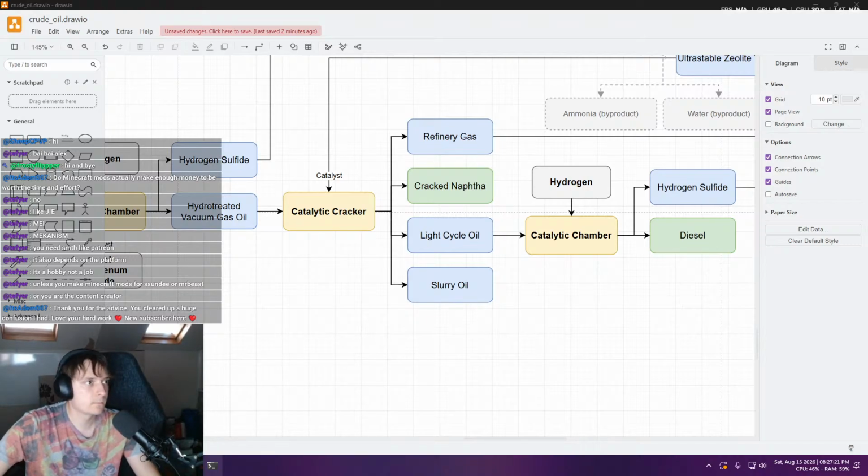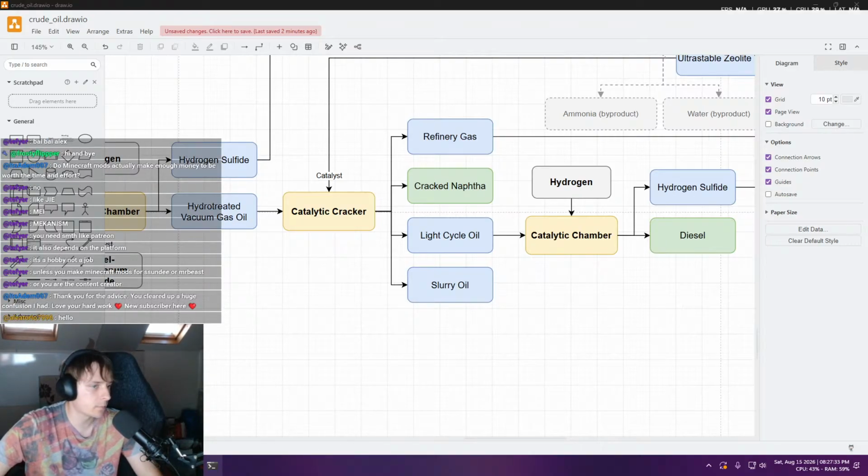Trying to find, because I think slurry oil is how you get bitumen. Hello, Aleatoria, welcome to the stream. But I can't find specifics, which isn't helpful.